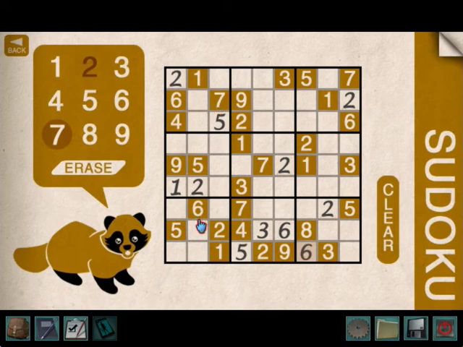Okay, 7 has to go there. No other way that I can see. Let's move on to 8. 8 has to go in one of these two spots there because of this row. So, yeah, no other 8s I can work off of, so I'll just move on to 9. And 9 doesn't really have a lot to offer either, so let's go back to 1. We can put 1 there since we got the 7 in now.